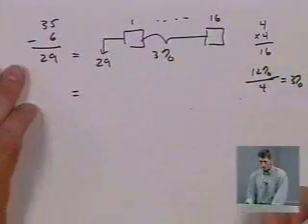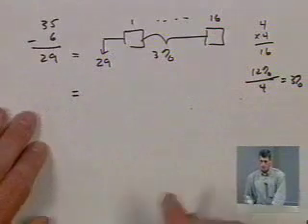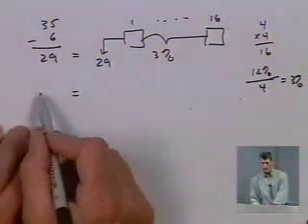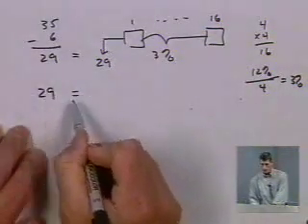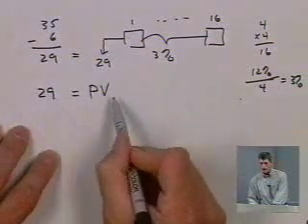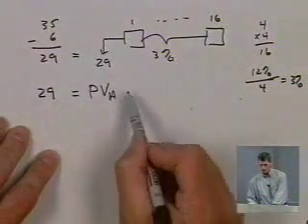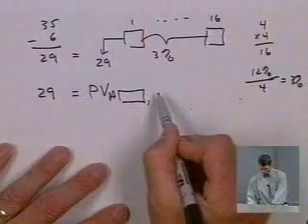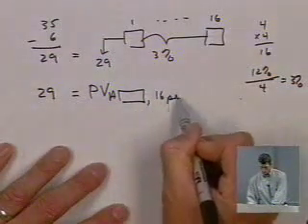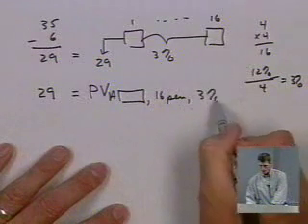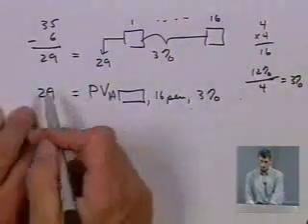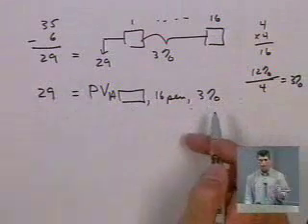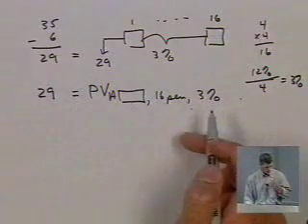So in terms of Boylan nomenclature, what's going on is the present value, in this case 29, is equal to the present value of an annuity of some amount, and that's what we're trying to figure out, for 16 periods at 3%. Now, once we solve that, that will give us the answer to question number 1.